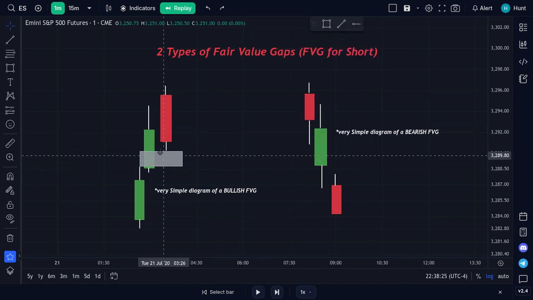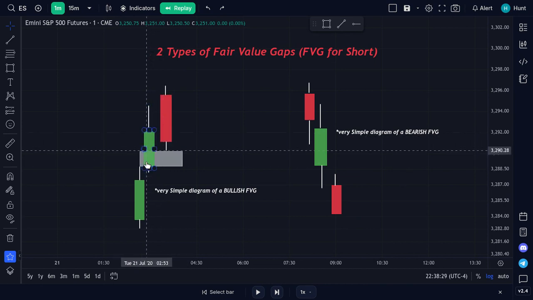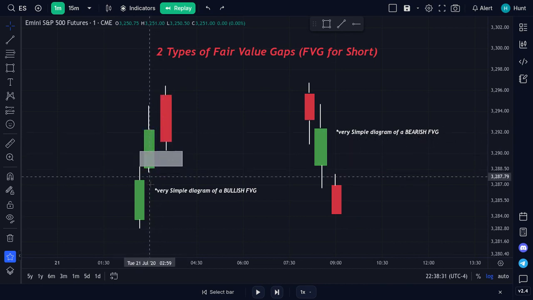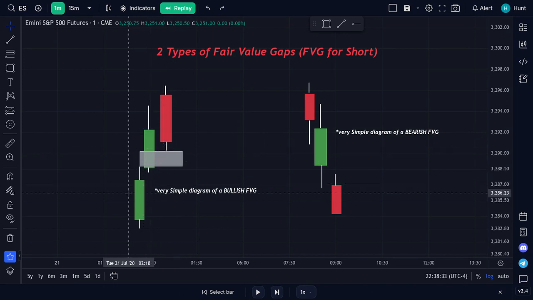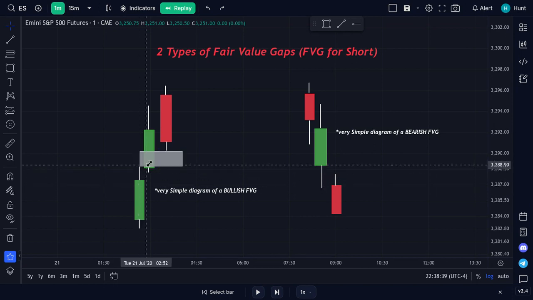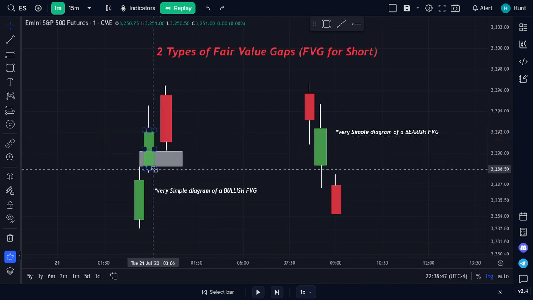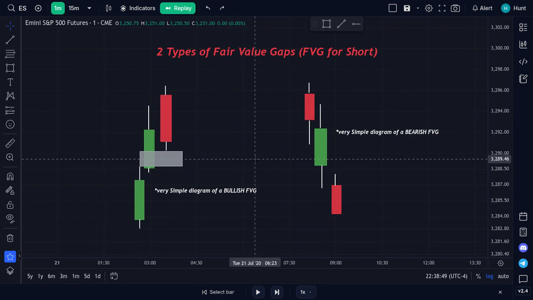So we have this space between these 2 candlesticks, and this green candlestick is in the middle. So this is a gap, a fair value gap, or an imbalance, whatever you want to call it. When these wicks do not meet and it leaves a gap between the first candlestick and the third candlestick of the 3 candlestick pattern, that is a fair value gap or an imbalance.